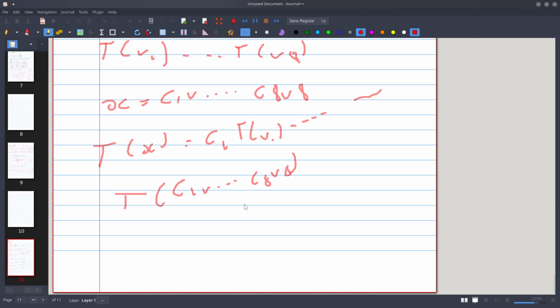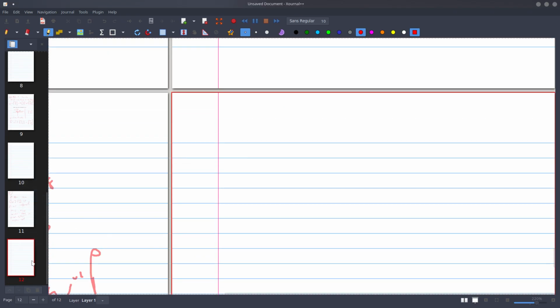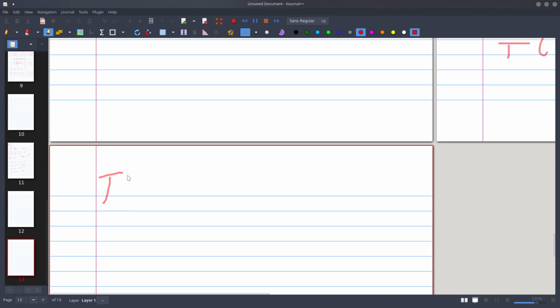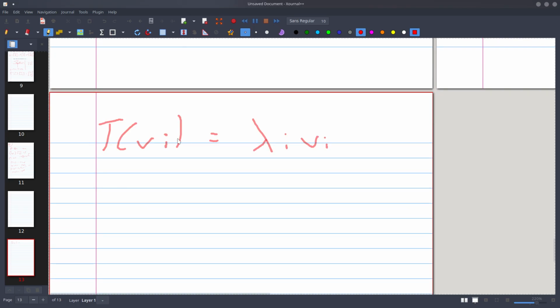But okay, let's do an example with the eigenvector basis, and this should help cement things here. So let's get another page going. T times V sub i is equal to lambda i Vi. So AX is equal to lambda, or AV in this particular case. Remember we said we think of the transformation as AV, if you wanted to think of it that way.